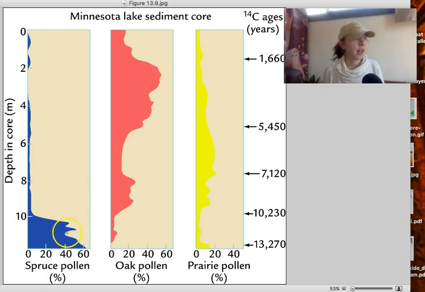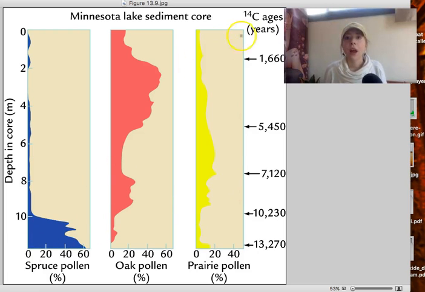So you could see at the deepest layers in this core that there is a high percentage of spruce pollen, which indicates colder climate conditions, whereas oak tends to be around in warmer environments. And then when you see prairie pollen, so these grasses and herbs, that's indicative of drier conditions. So combining all this information, we can infer what climate looked like in the past.